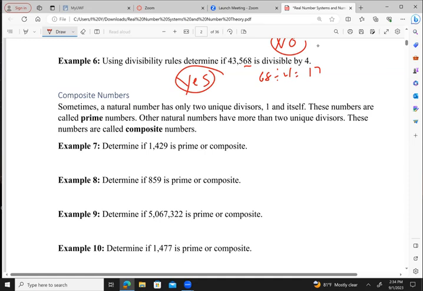So now let's look. So we have 1,429. A lot of this is just trial and error. How about 7? No. If it's not 2, it's not going to be 8 or 9 or 10. How about 11?